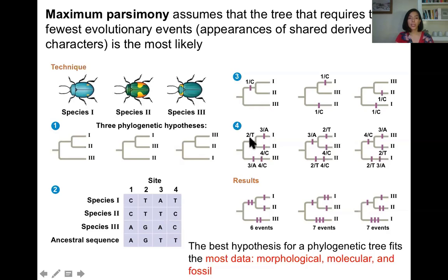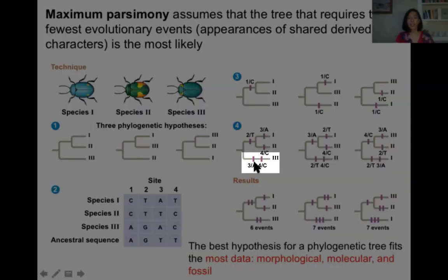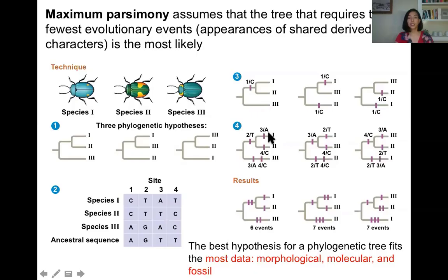And what happens with site 3? The ancestor will have a T, so we'll mark a T in here. But now species 3 and species 1 have an A. So this is the substitution that I mark here. We need to mark the substitution twice, in this lineage and in this lineage, and that will explain the presence of adenine in lineage 3 and lineage 1.